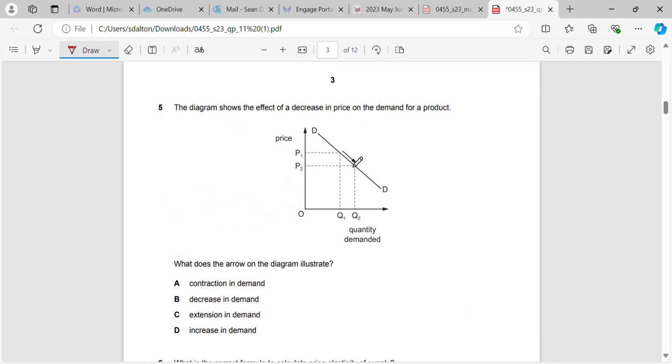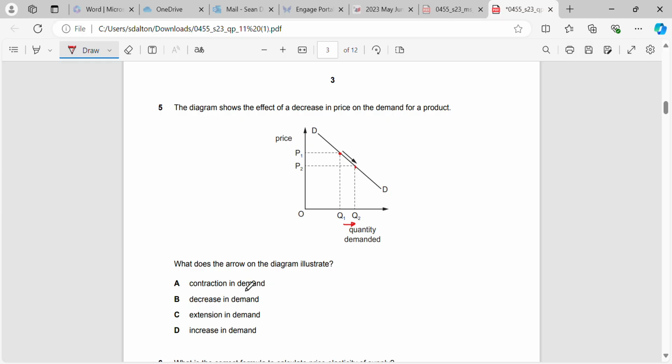Okay, question 5. Decrease in price on the demand for a product. What does the arrow on the diagram illustrate? So here's our starting price, and here's our finishing price. Quantity demanded has moved to the right. Do we have another demand curve? No, we don't.